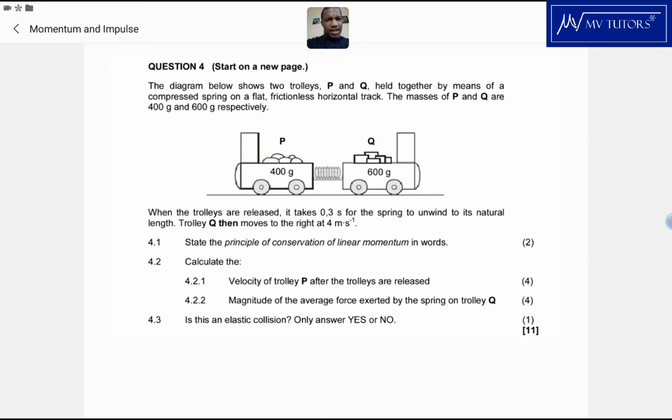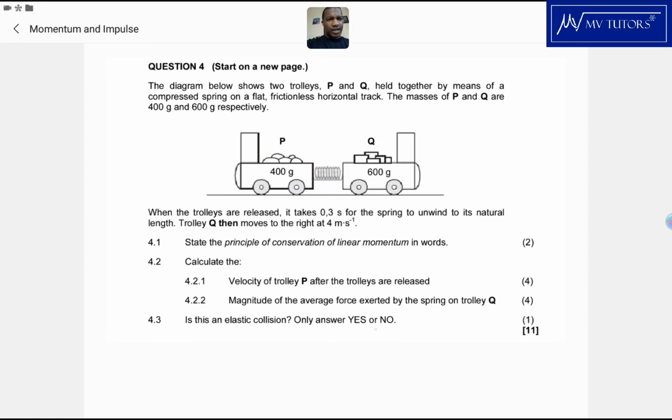Then they say, state the principle of conservation of linear momentum in words. That's the vision. We need to be able to answer that. And then calculate the velocity of trolley P after the trolleys are released, and then the magnitude of the average force exerted by the spring on trolley Q. Then they ask, is this an elastic collision?